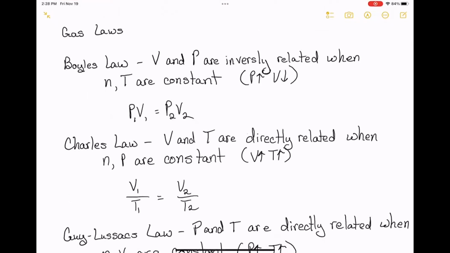Therefore, volume and pressure are inversely related to one another, when the amount of the gas and the temperature of the gas are held constant. That is Boyle's law. Boyle's law says P1 V1 equals P2 V2. Boyle's law is used anytime you're working with pressure volume changes.